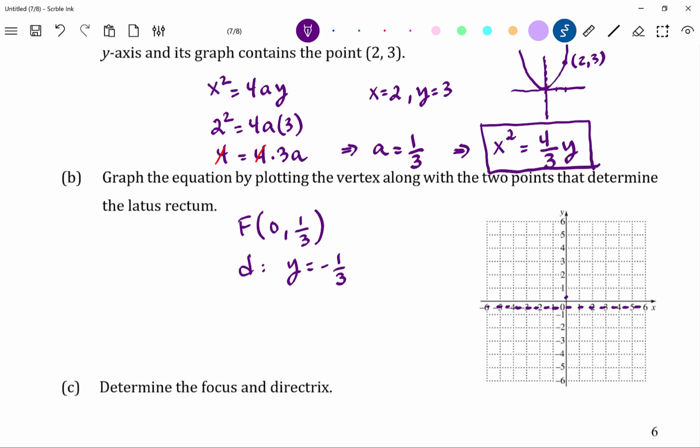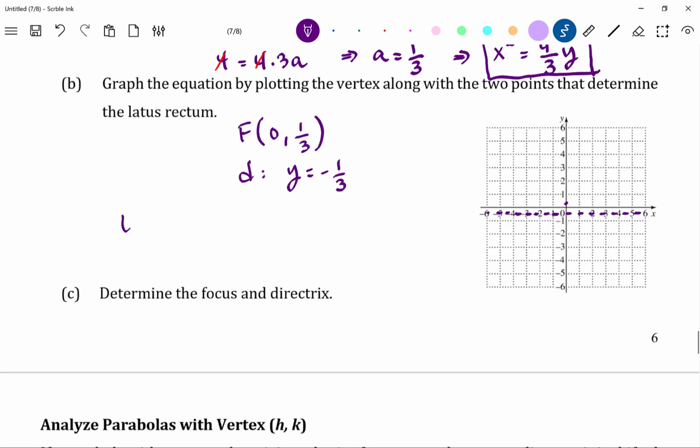And then to locate the latus rectum points, they wanted me to determine the focus and the directrix, which I figured out already. So the latus rectum points are going to be 2/3 away from the 0. So that would be 2/3 on the level of 1/3.